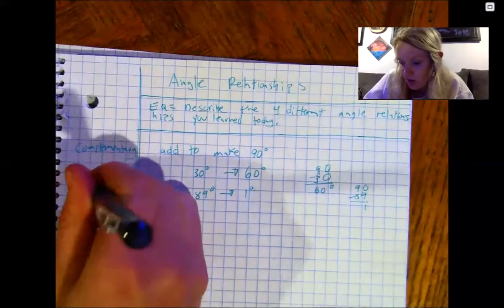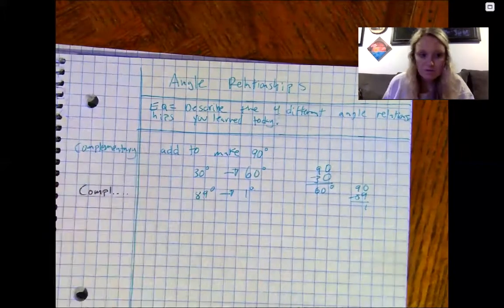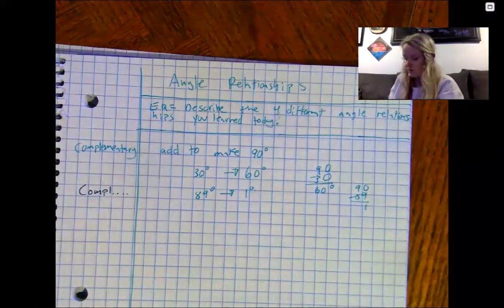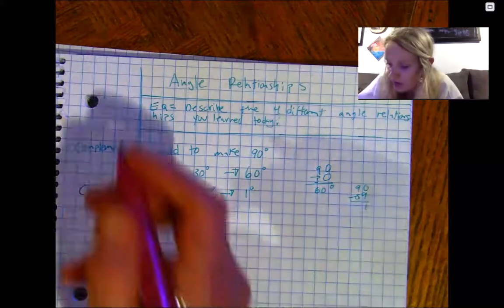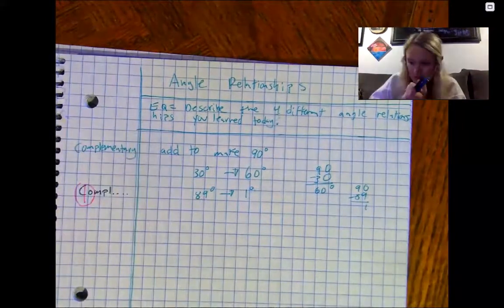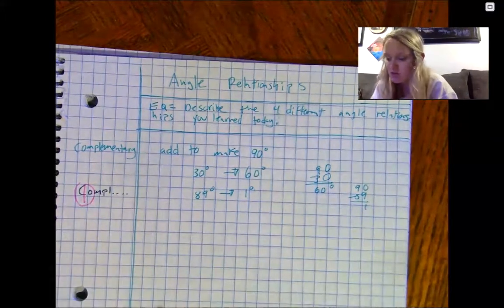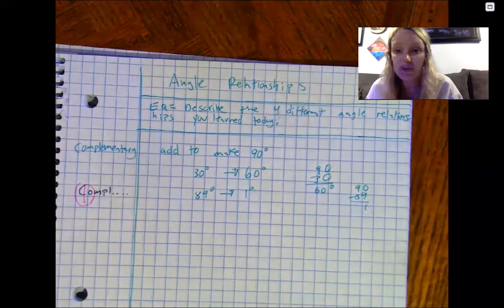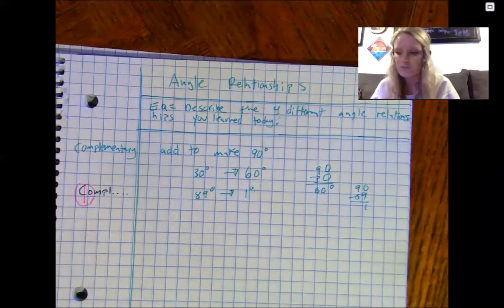When you spell complementary, watch how I take this C, I just draw a line through it, and I just made a hidden 90. Complementary angles are angles that add to make 90. So if they say find the complement of 40, you'd say 50, because 40 plus 50 makes 90.